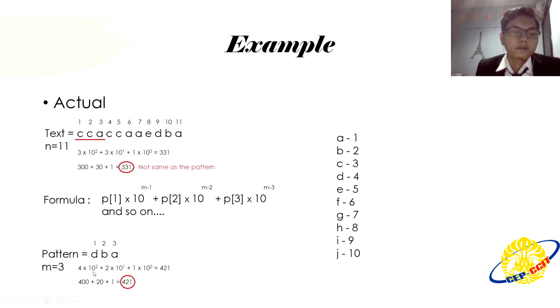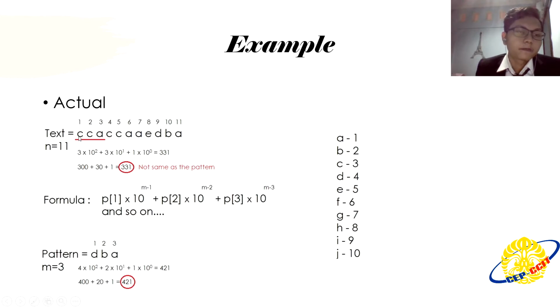So after you count and add it up, the value is 421. Then match it with the text. So we have 11 letters, and we need to match all of them.